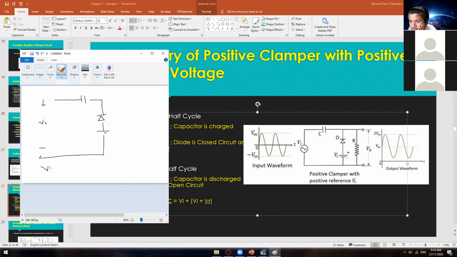So during the positive half cycle, let's say V sub I is already greater than V sub R. So it will be charged positively and then it will be discharged negatively.